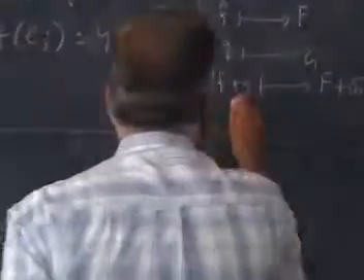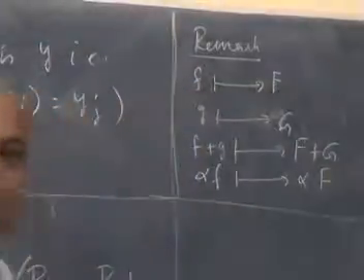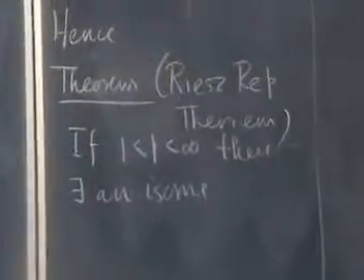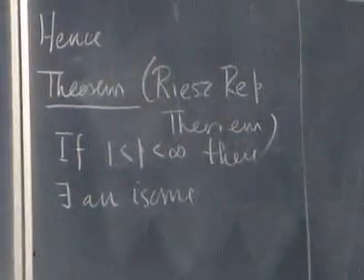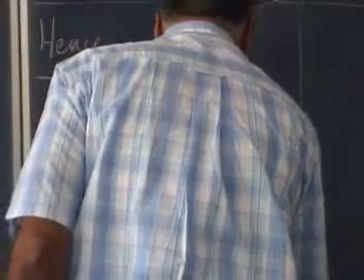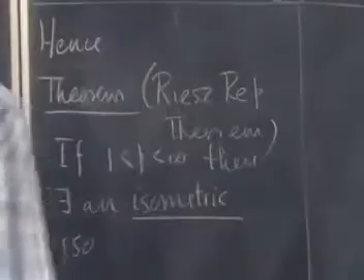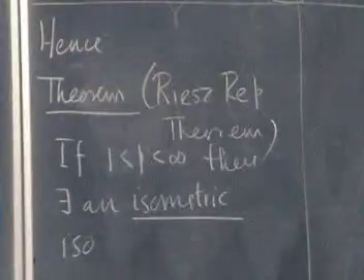And similarly, alpha f is identified with alpha f. So therefore, this identification preserves the vector space structure also, and so everything is perfectly matched, and therefore we have what is called an isometric isomorphism.